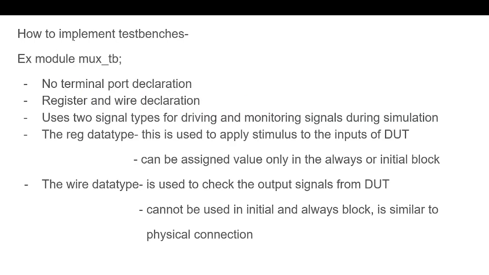So how are we going to implement the test bench? A test bench is a module: the keyword module, then the name of the module, and directly a semicolon. So there is no port declaration. Next we define the inputs with the keyword reg. We define all the input ports because we need to store the value and apply it to the DUT.